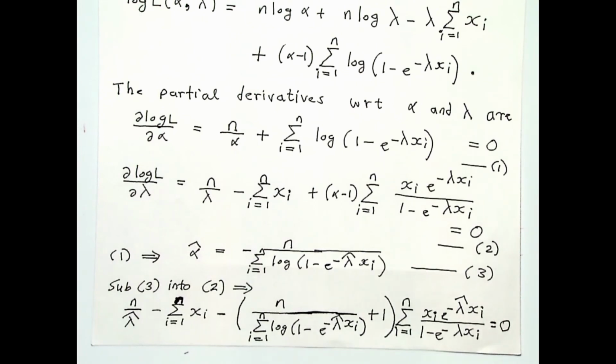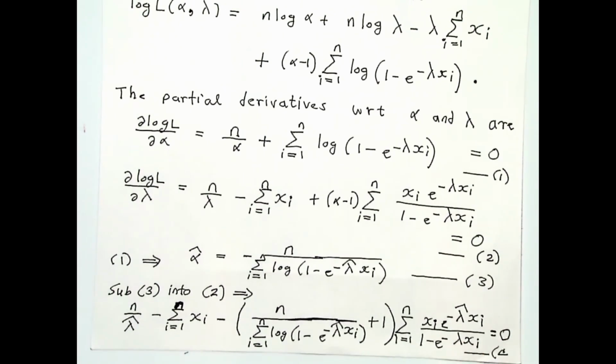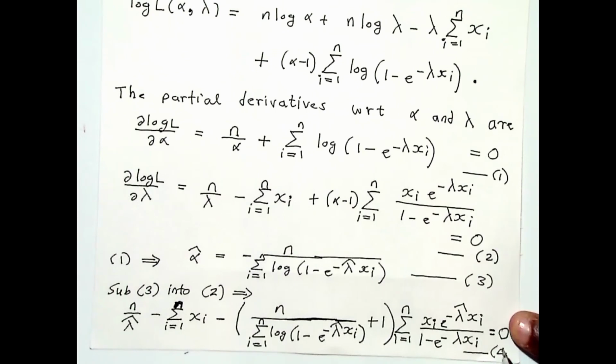So you see that in this equation, the only parameter that appears is lambda hat. Let's call this equation 4.